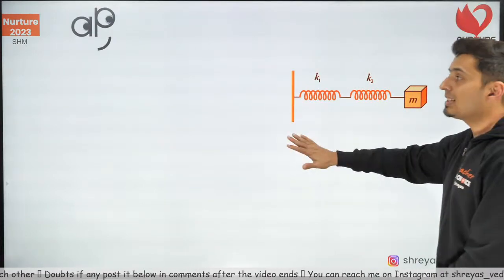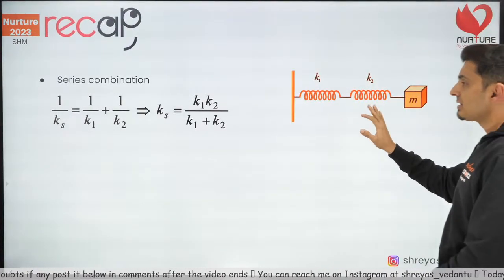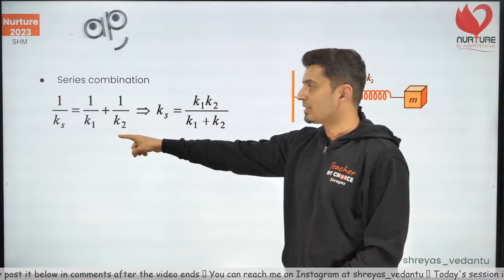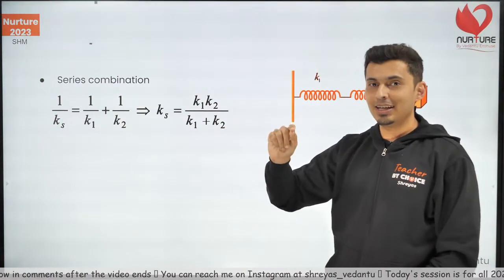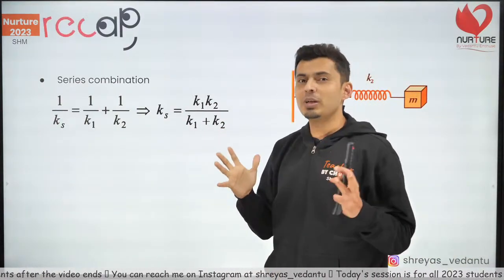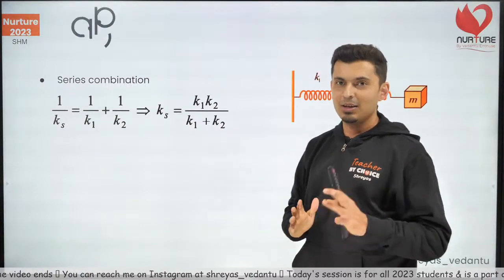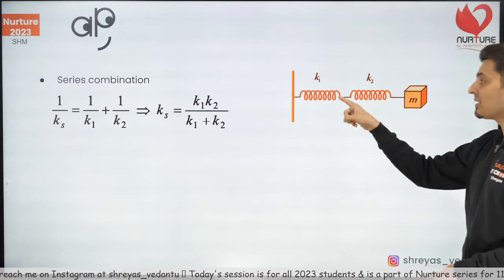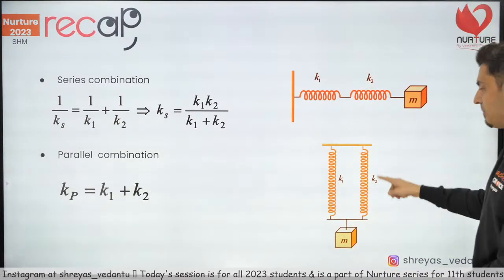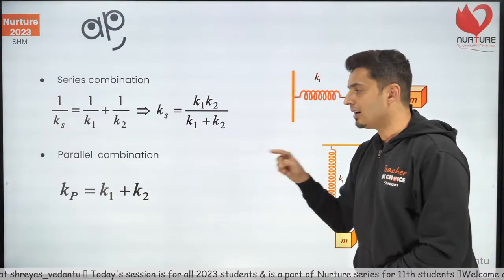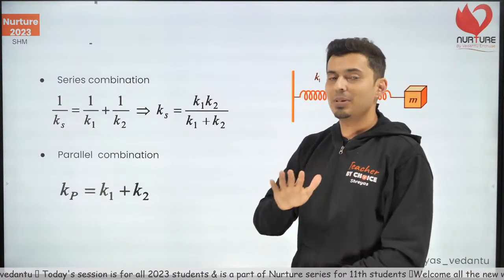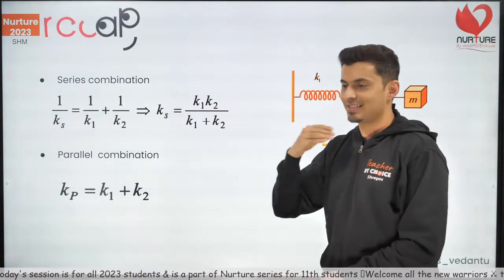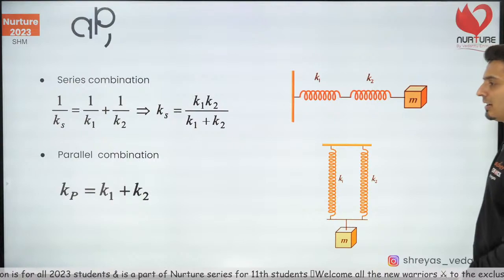We have also seen that when you connect springs in series, you can find the equivalent spring constant by assuming they are like resistors in parallel. So the formula you use for resistors in parallel is applicable for springs in series. And when springs are in parallel, you just add those spring constants. Basically, you are treating them like resistors in series. That's what we have done till now.